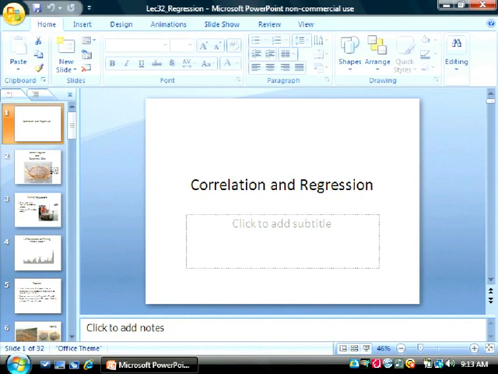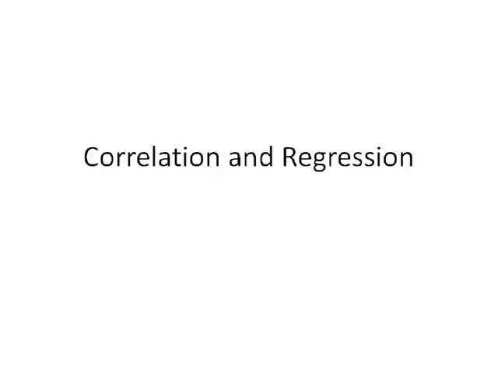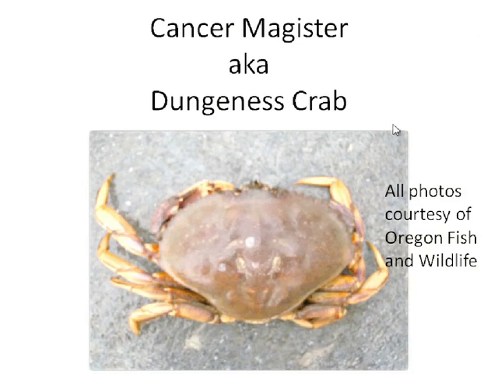Okay, so we're going to begin with the example that your professor put together for you. We're going to study Dungeness crabs, Cancer magister. We're going to look at a study of two variables of Dungeness crabs in order to predict the age of these crabs.